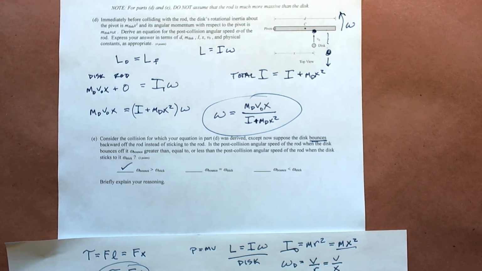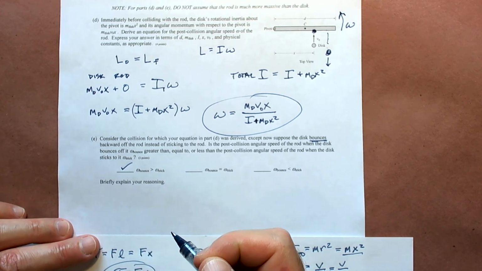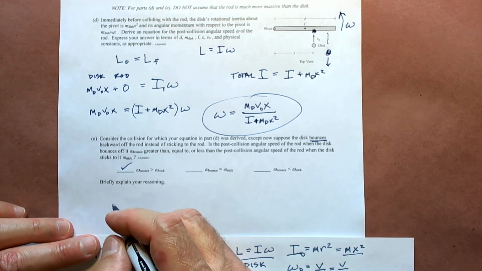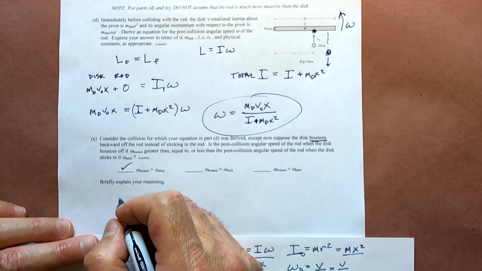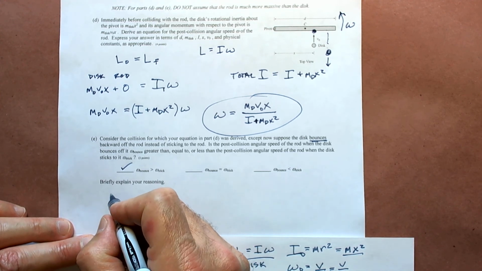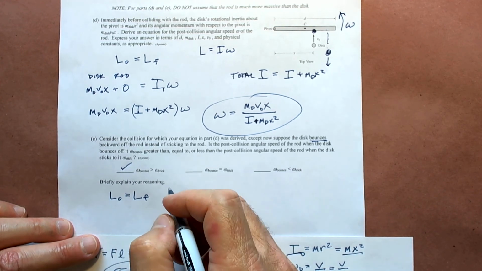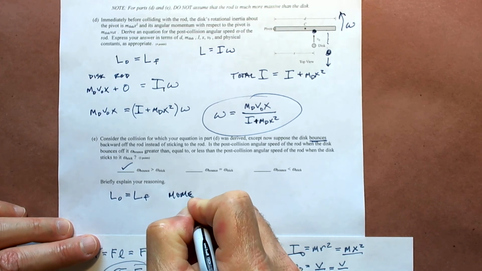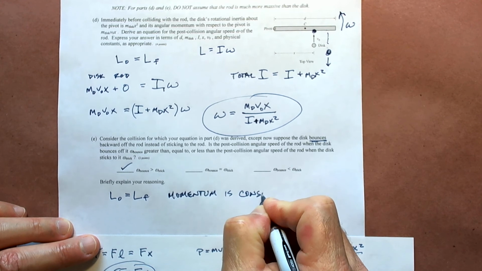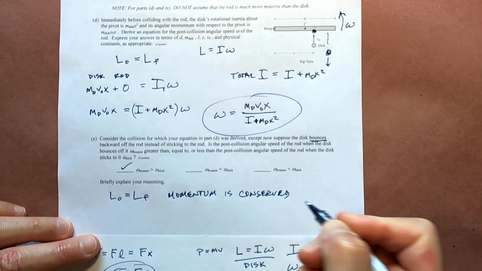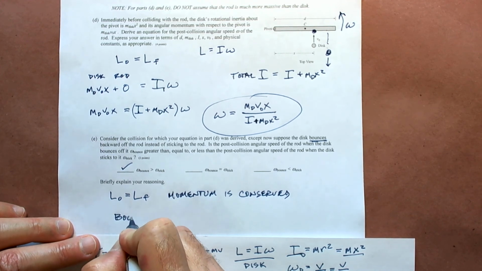The only real way you can think about this is momentum. In any collision, momentum is conserved, so L initial equals L final. Momentum is conserved for when the disk bounces.